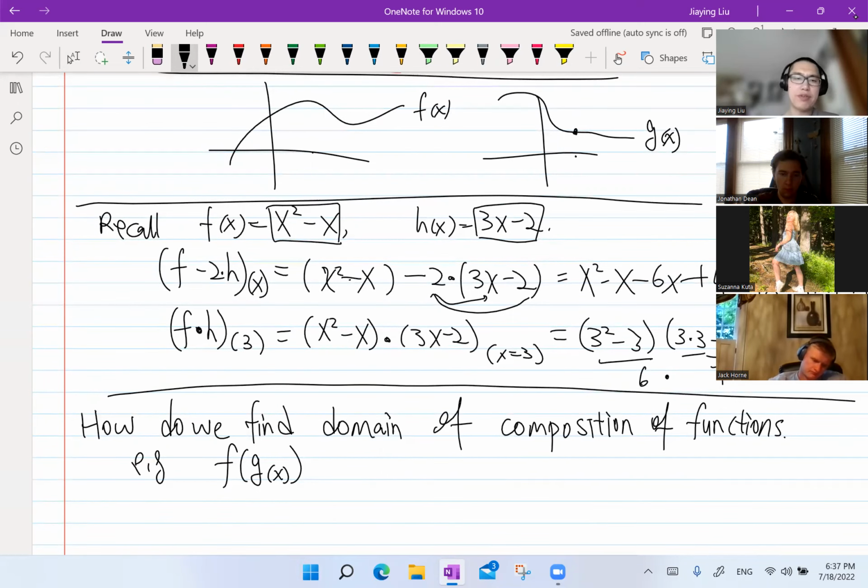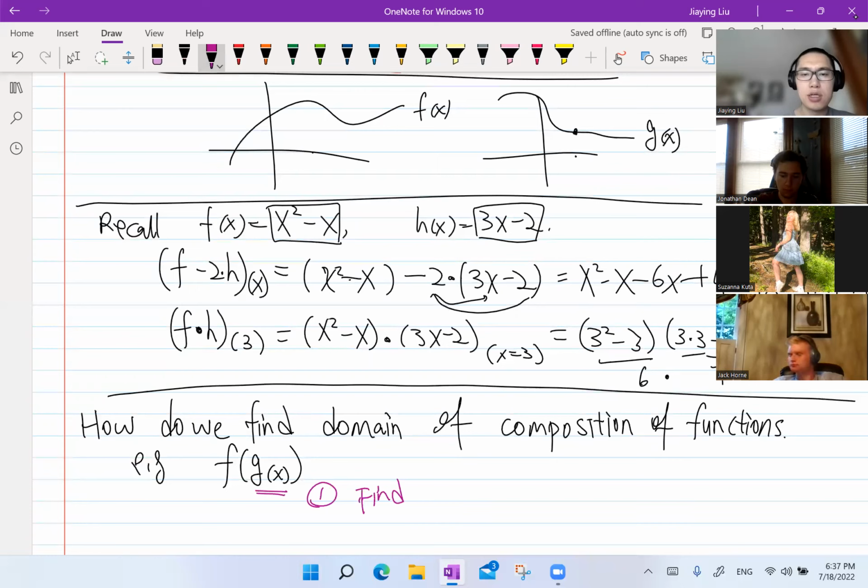Well, there are 2 things we have to be careful about here. First of all, we have to look at the inner function g of x. We have to decide which x values will make g of x defined. So which x values we can put in g of x and which ones we cannot. So that's the first part.